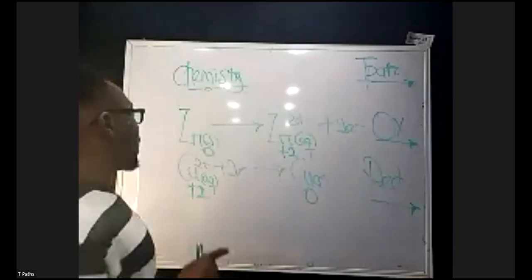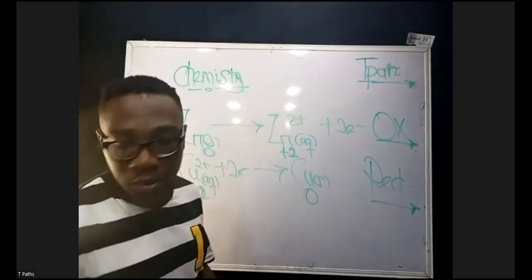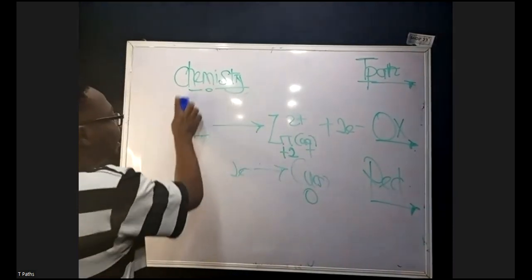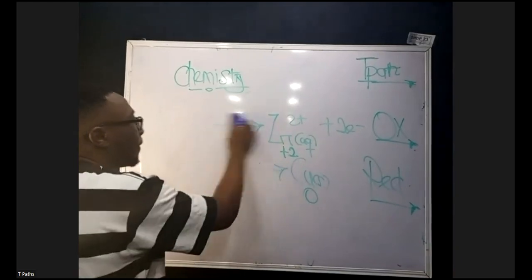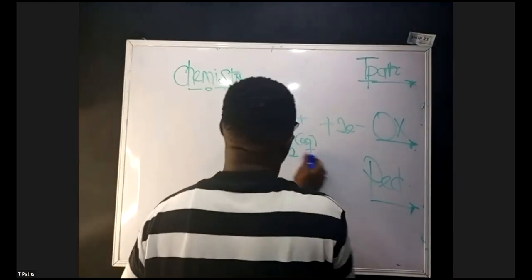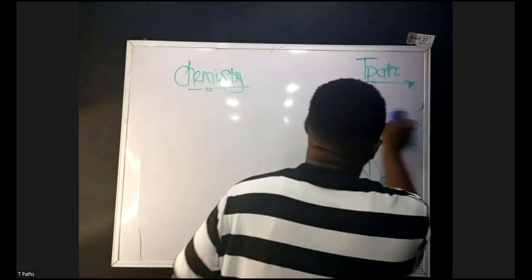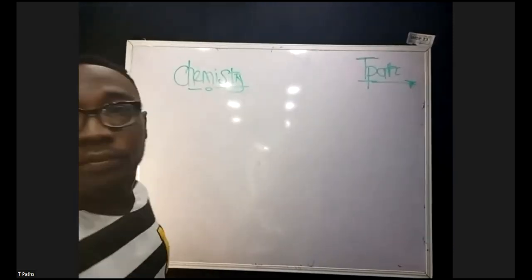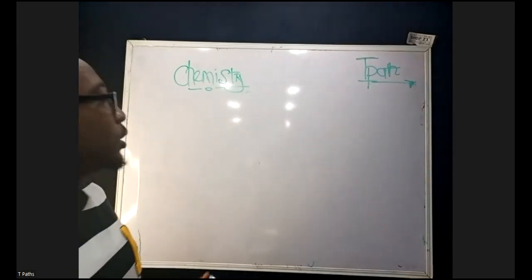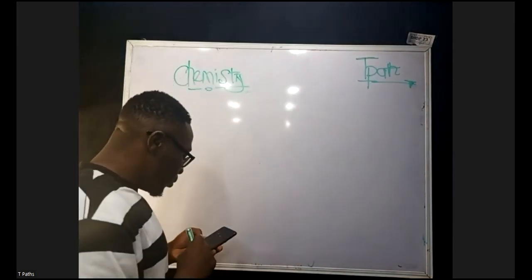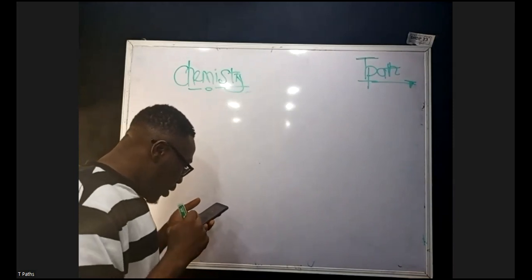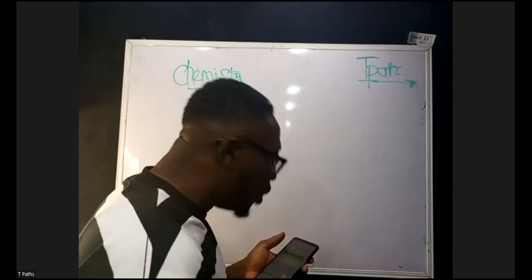Now, let's look at the next slide. For the next slide, you can observe that we are told to determine the oxidation number of the underlying element.